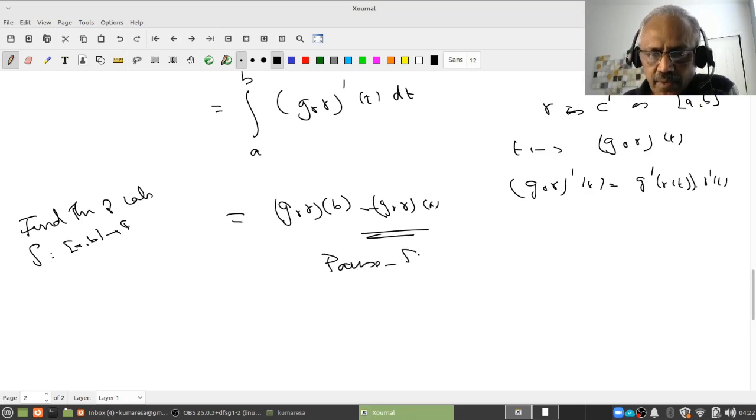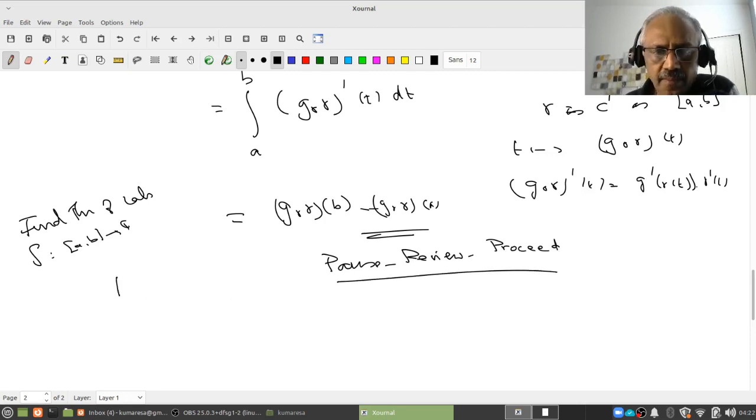Pause, review, proceed. Okay, so this is something fantastic we are going to use. Therefore, as I said, suppose I have two points P and Q in U, and there are two paths gamma and sigma such that the initial and end points are the same, P and Q, right?